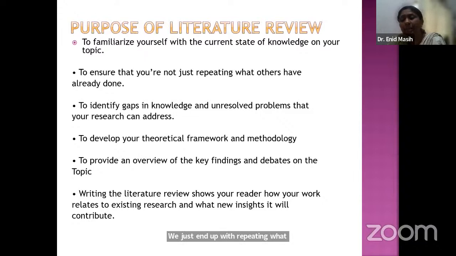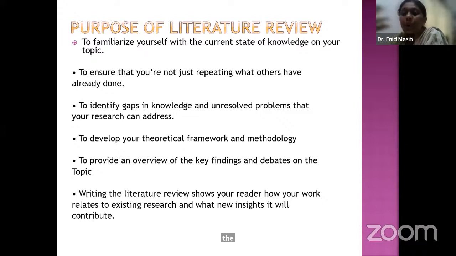This is the main problem. If you are just reporting work already done by somebody else, then what is the contribution you are giving? What addition are you making to this whole galaxy of education? What new are you contributing?